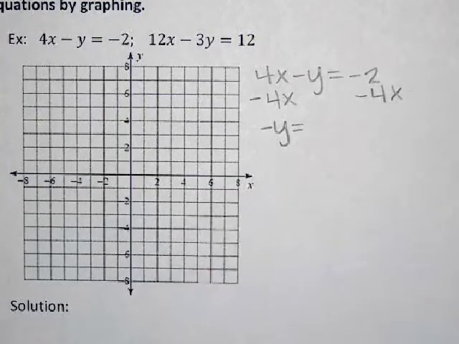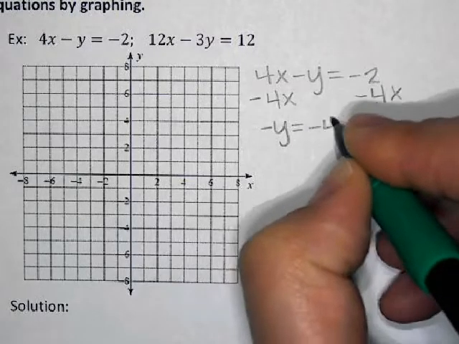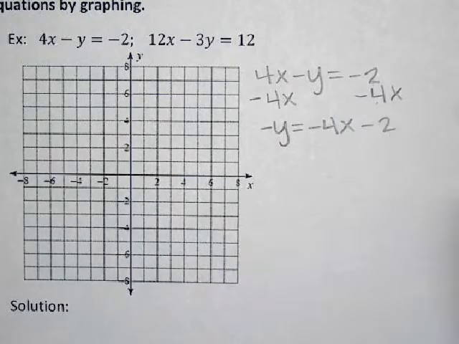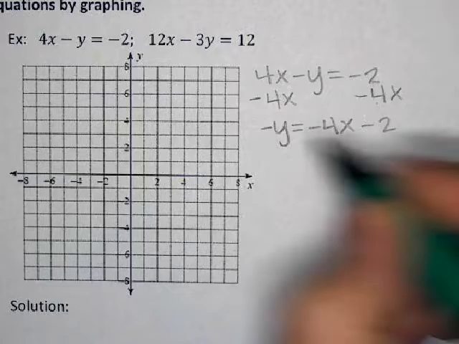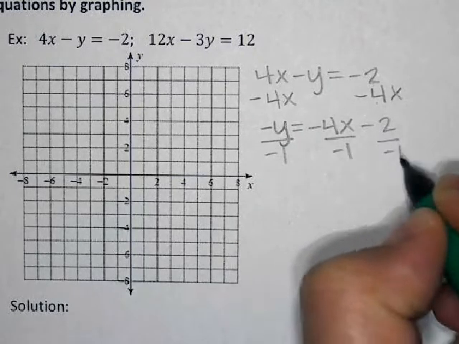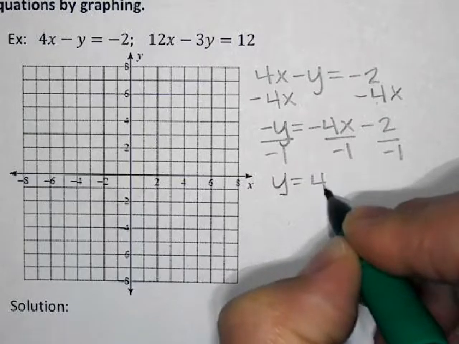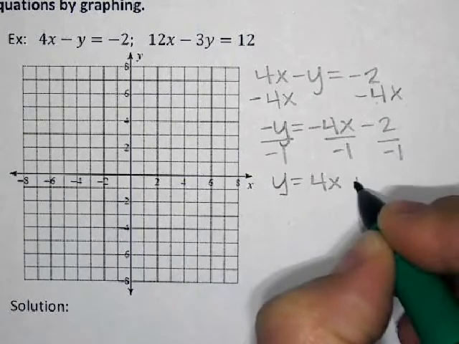So I have -y equals -4x and -2. Then to get the y all alone, I will divide by -1. So y equals positive 4x plus 2.